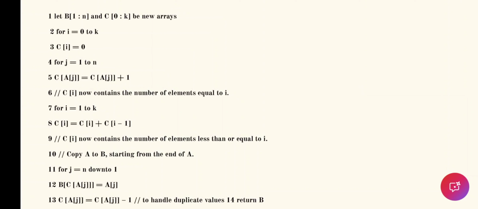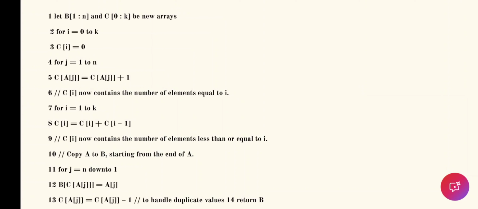As I mentioned earlier, let's say if i is 5, that means C[i] shows us the number of elements that are less than or equal to 5. So that is how it works. This is the most crucial step. That's why I am emphasizing this prefix sum step.